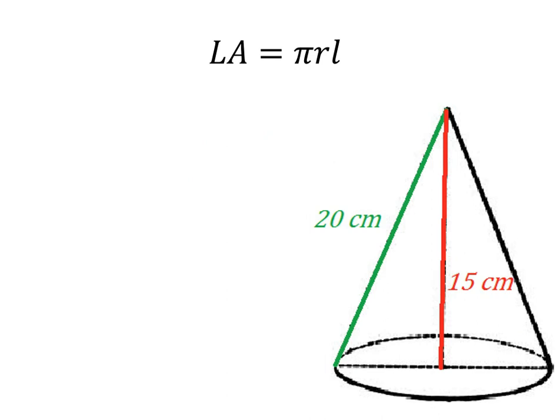So if we have our lateral area here, as you see, they give us our L, which is 20, and they give us our height, but they don't give us our R. We have to find what R is. Well, we've got another right triangle here. So it looks like it's going to be 20 squared is equal to 15 squared plus R squared.